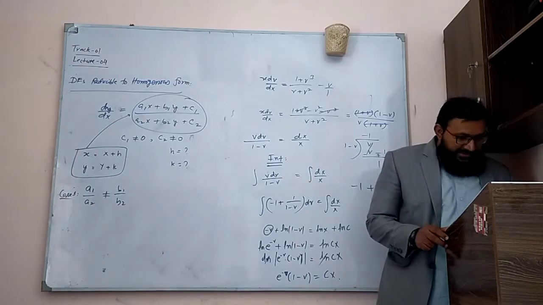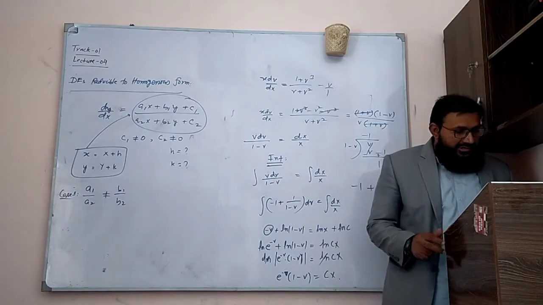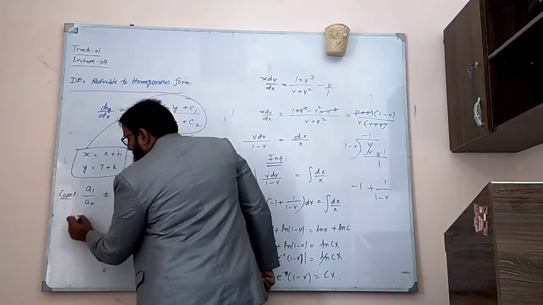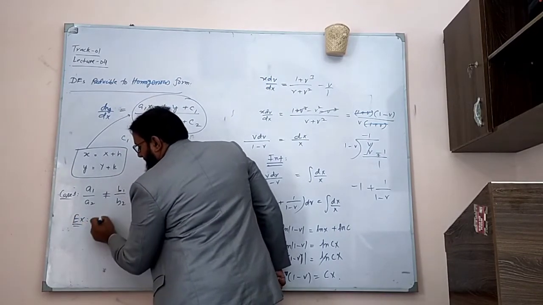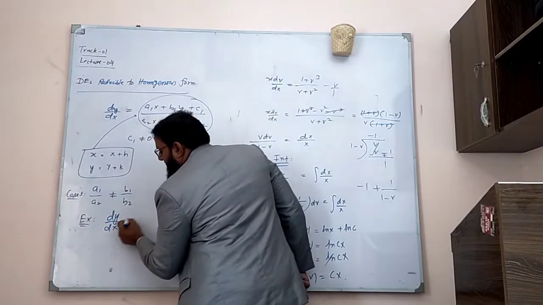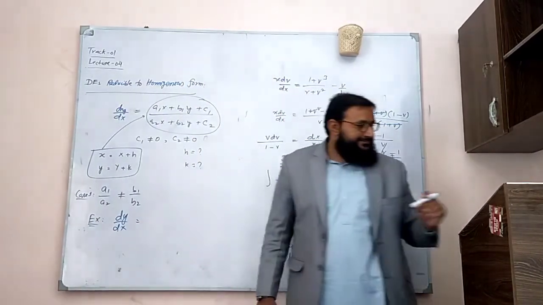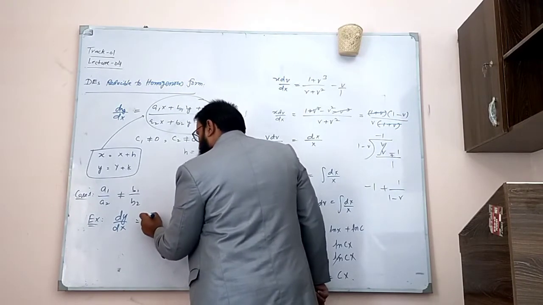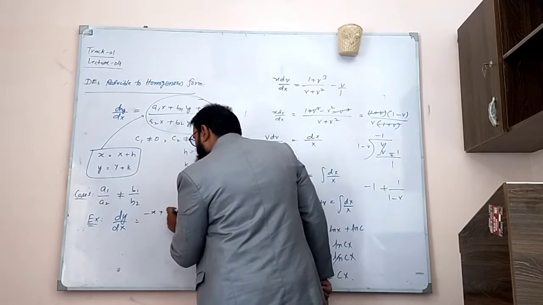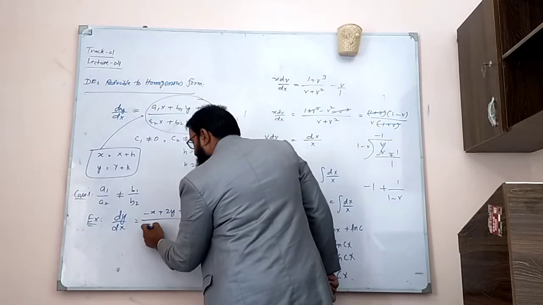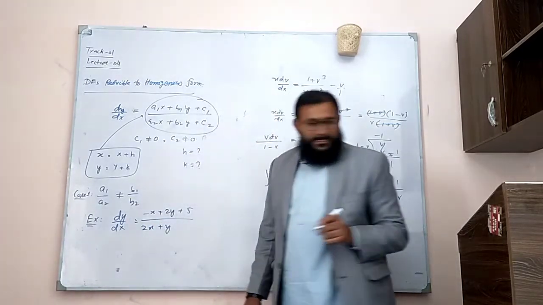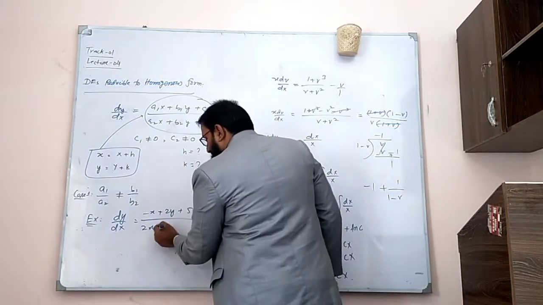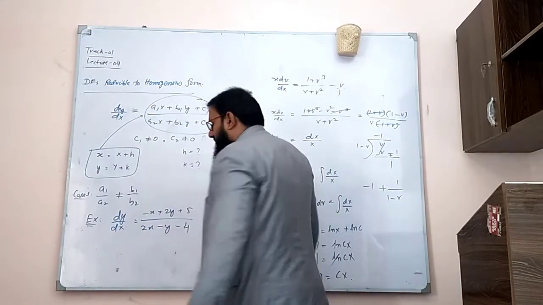Maybe we are not going to solve it completely, but we'll just give the bigger picture. The example is dy by dx equals (2y minus x plus 5) over (2x minus y minus 4).